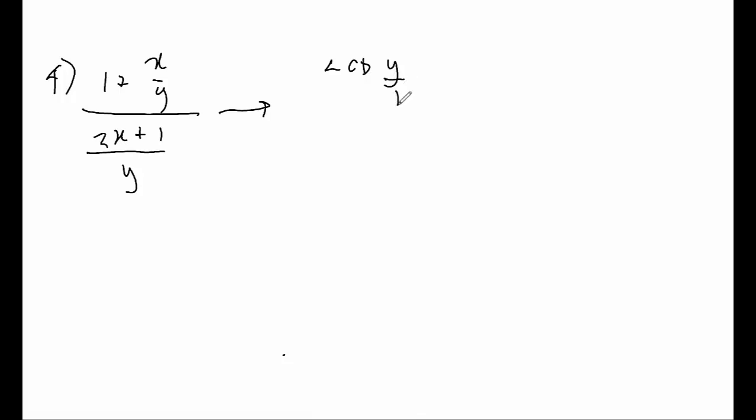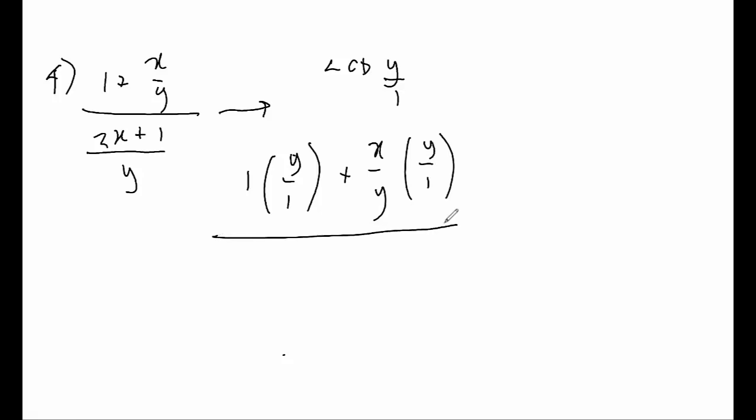So now I'm going to multiply through everything by y over 1. So I have here the first term, 1 times y over 1, plus x over y times y over 1. And then on the bottom, I do the same thing: 2x plus 1 over y times y over 1.